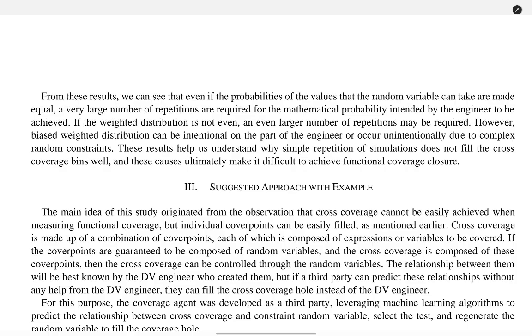However, the biased weighted distribution can be intentional on the part of the engineers or occur unintentionally due to complex random constraints. These results help us understand why simple repetition of the simulations does not fill the cross-coverage bins well, and these causes ultimately make it difficult to achieve functional coverage closure.